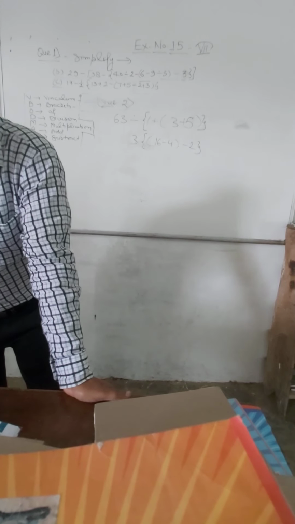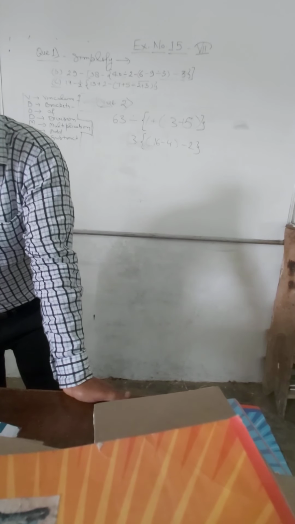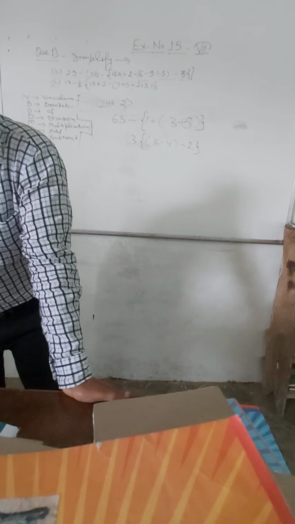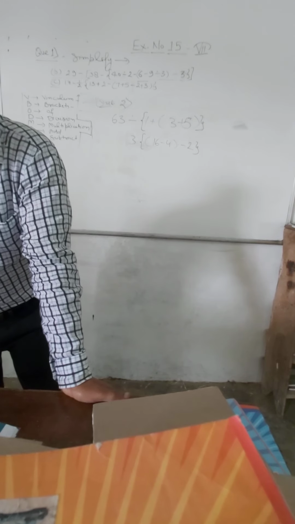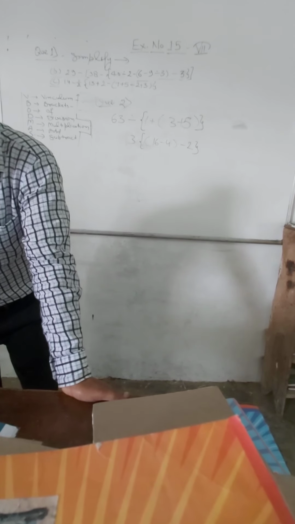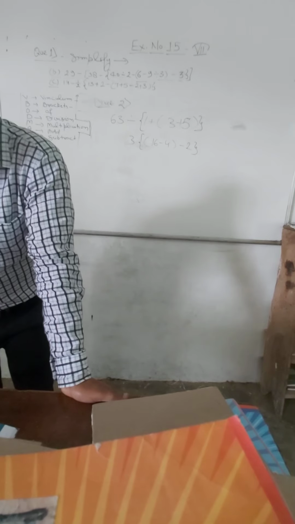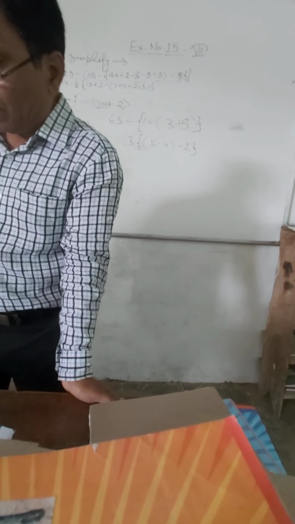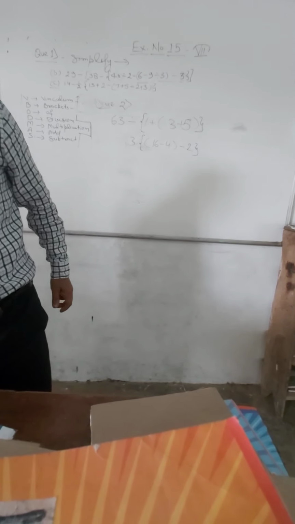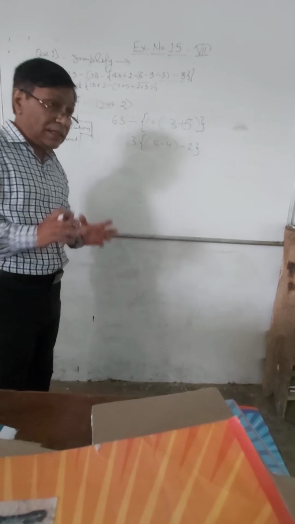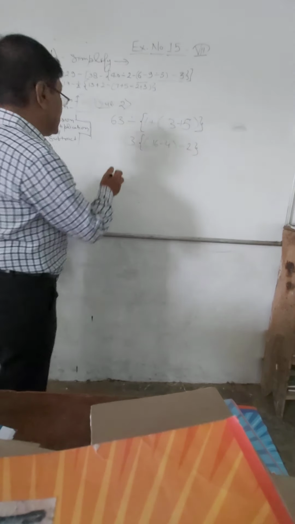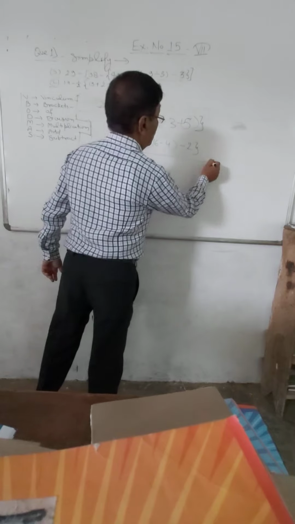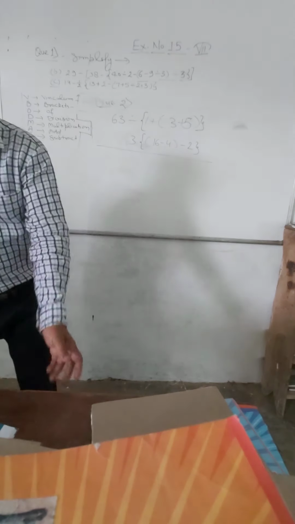Next, 18 subtracted from 1/3 of the sum of 60 and 30. From 1/3 of the sum of 60 and 30, 18 is subtracted. From what?